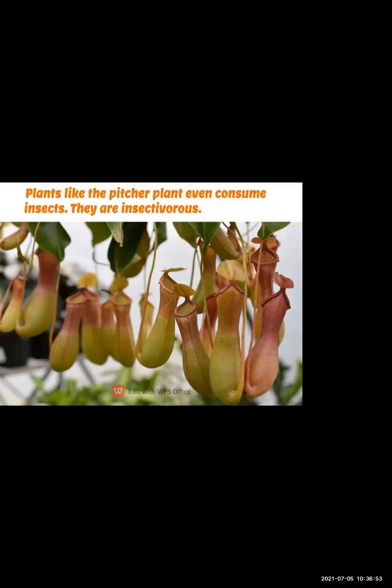So till now what we have studied is that the plants which prepare their own food are called autotrophic, the plants which depend on other plants for food are called heterotrophic, and the plants which depend upon insects to fulfill their need are called insectivorous. So depending upon nutrition, plants are classified into three types: autotrophic plants, heterotrophic plants, and insectivorous plants.